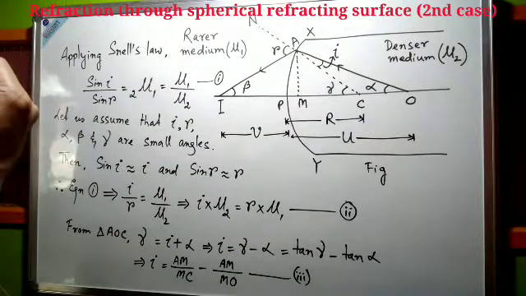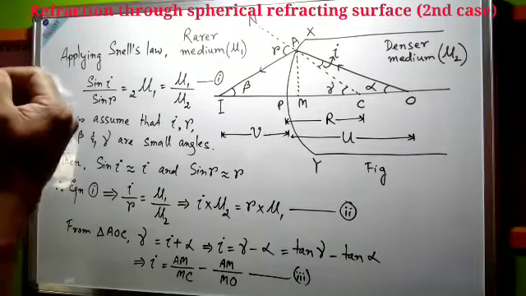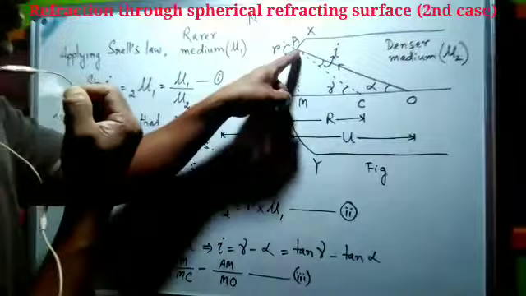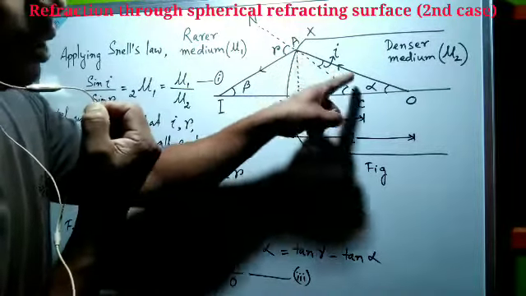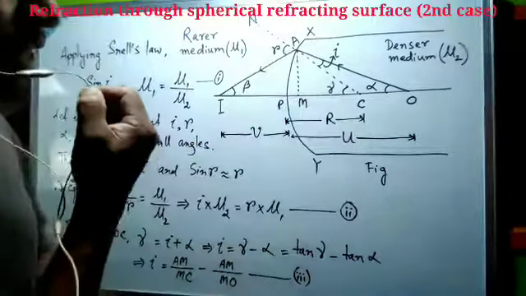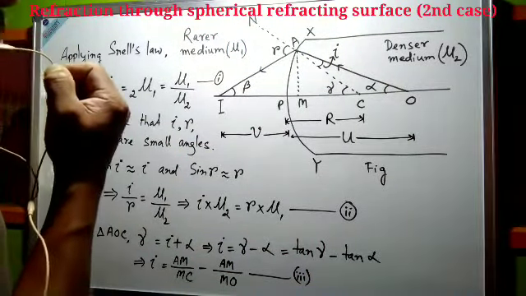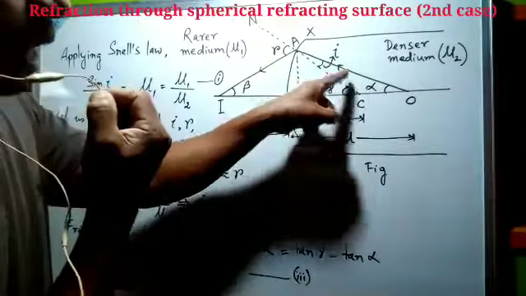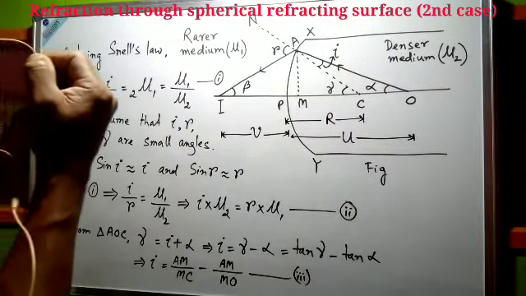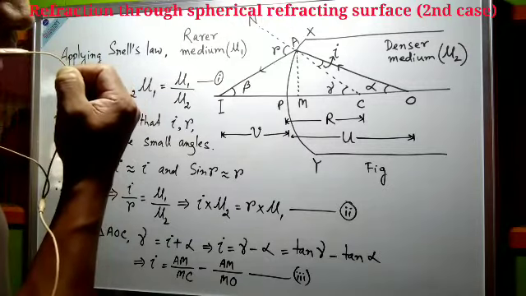So let us take a triangle containing angle of incidence I. So we have to take this triangle AOC. In this triangle AOC, gamma represents an exterior angle of this triangle AOC, and I and alpha represent two interior opposite angles.